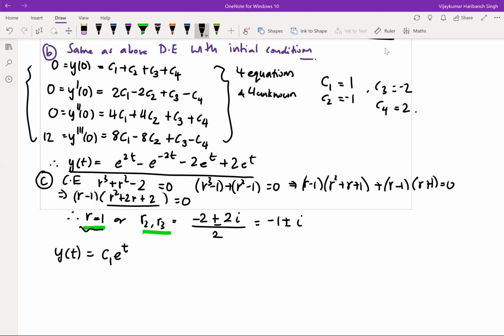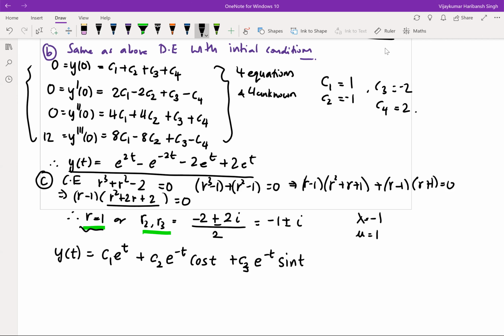So first will be c2 e to the power, now you have minus, so lambda is -1, mu is 1, so we get e^(-t) cos t plus c2 e^(-t) sin t. And then next with a constant should be c3. So this is a solution for this.